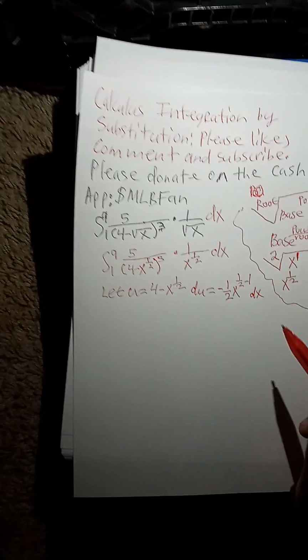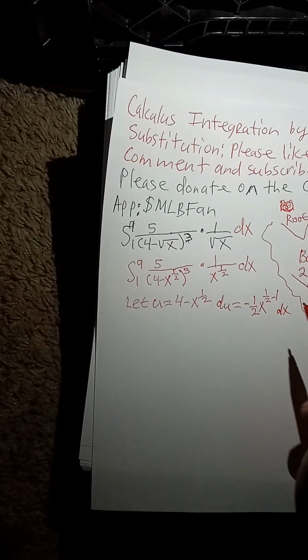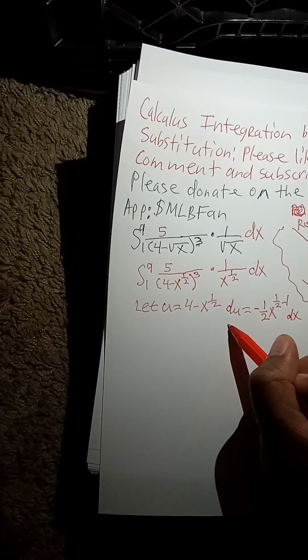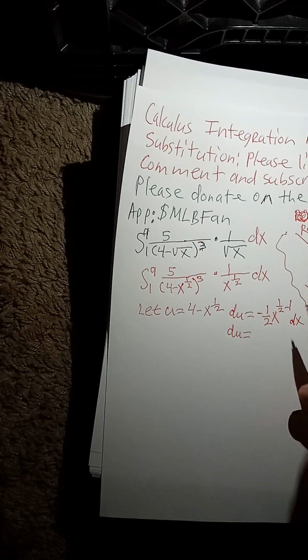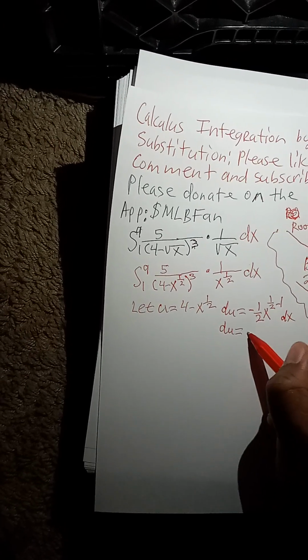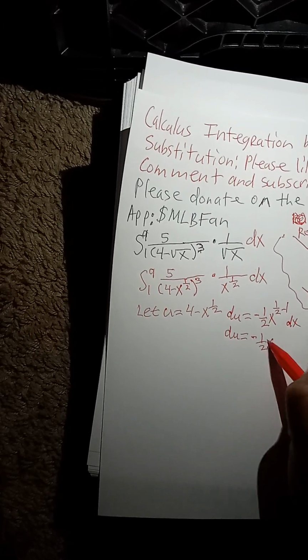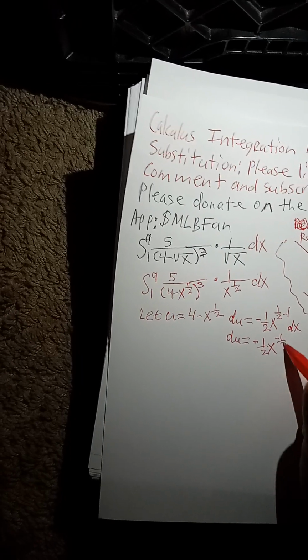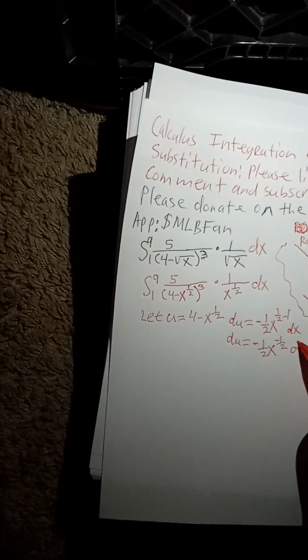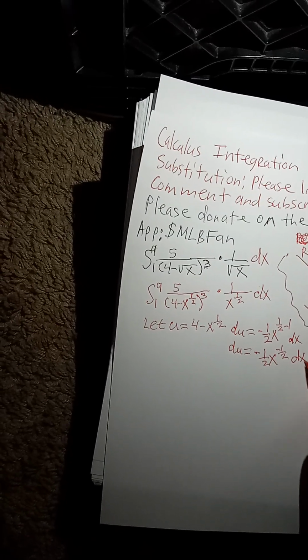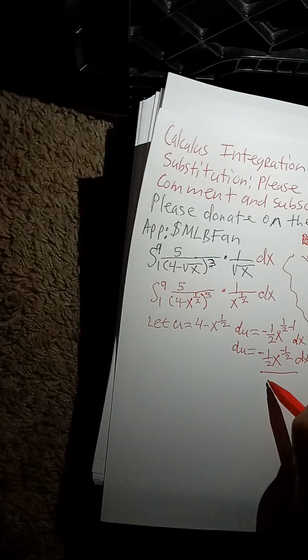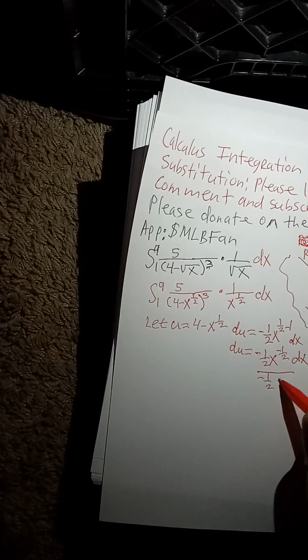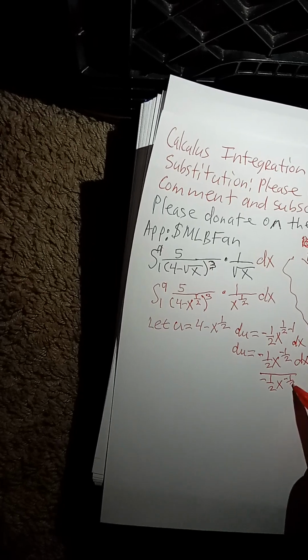So du is going to equal negative 1/2 x to the negative 1/2 power dx. And then we divide both sides by negative 1/2 x to the negative 1/2.